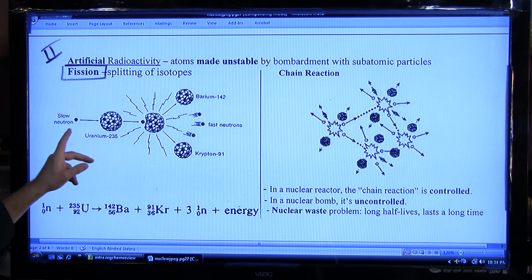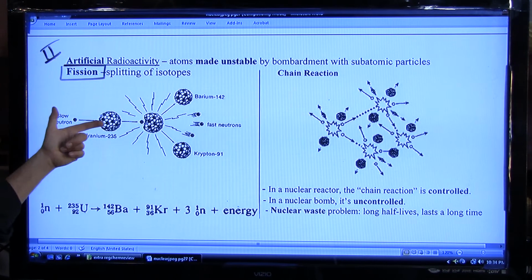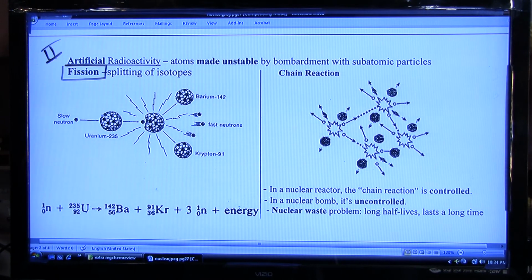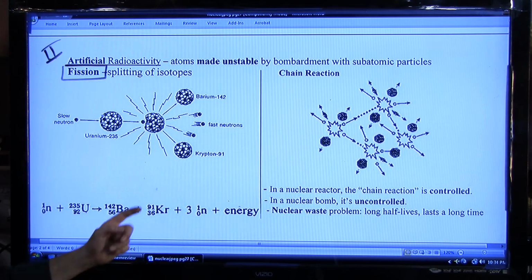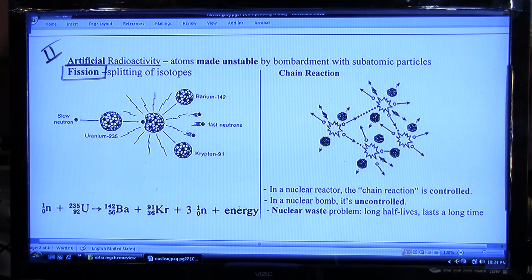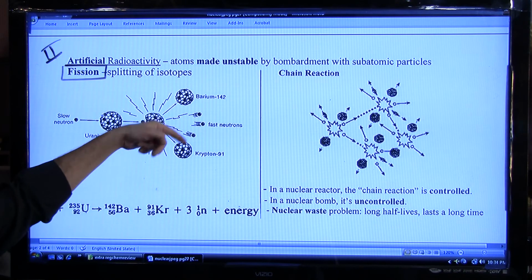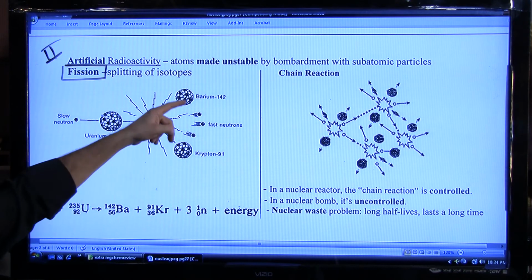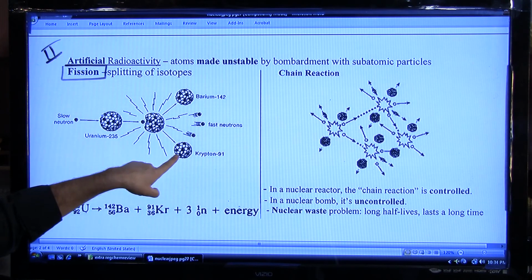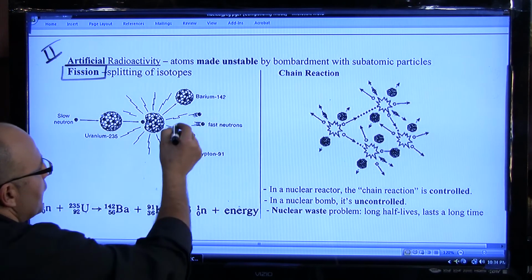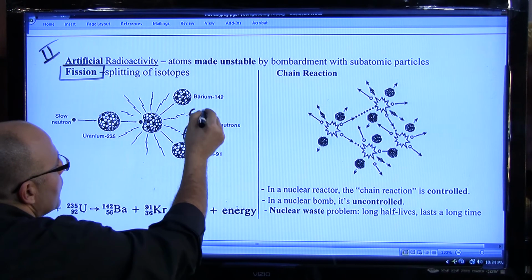Well, if a slow neutron is shot at a uranium-235 nucleus, and that uranium captures the neutron, it's made unstable, and so it splits, forming 2 smaller nuclei, and from that is emitted at the same time 3 neutrons.